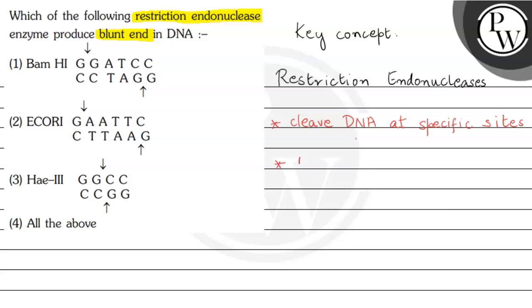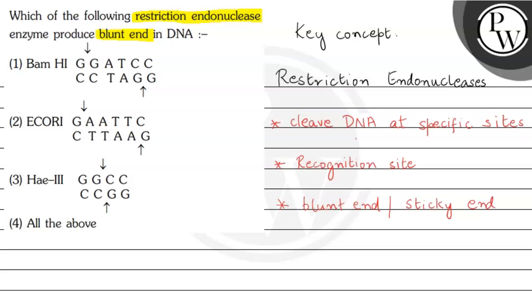They recognize a sequence of nucleotides known as the recognition site, and once it is recognized, they cleave the DNA into two fragments. The cleaving can result in the formation of either a blunt end or a sticky end at the end of the cleaved DNA fragments.